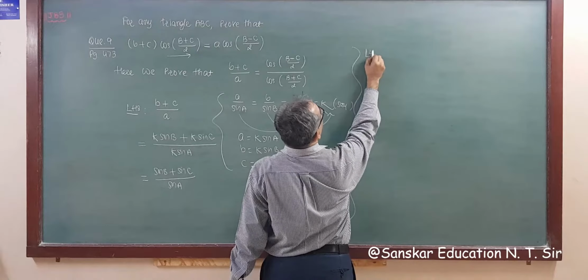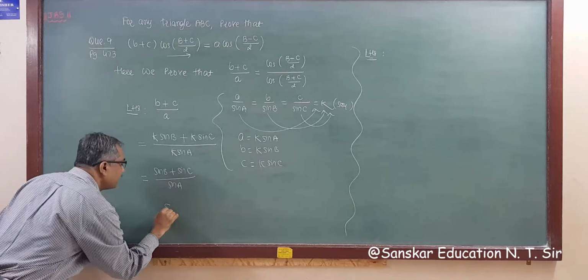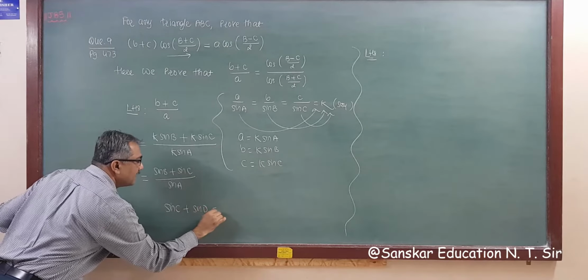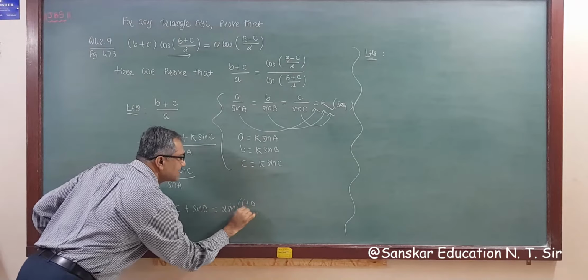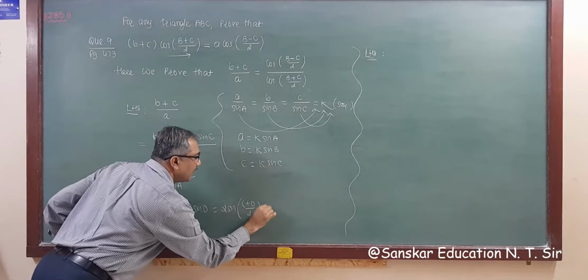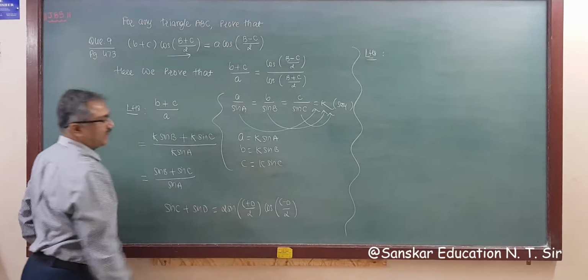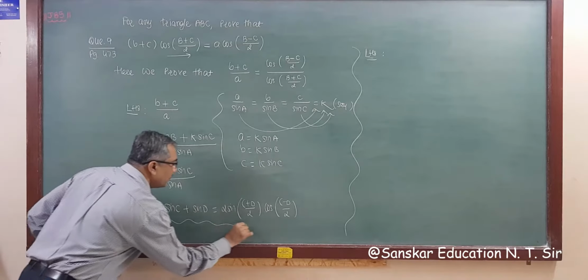Using that formula, the formula is sine c plus sine d is equal to 2 sine((c plus d)/2) into cos((c minus d)/2). This is the formula which we are going to apply here.